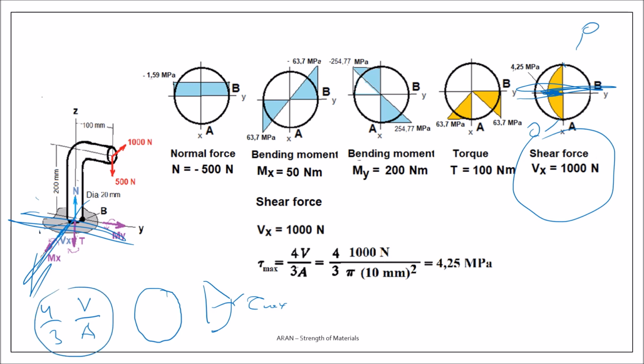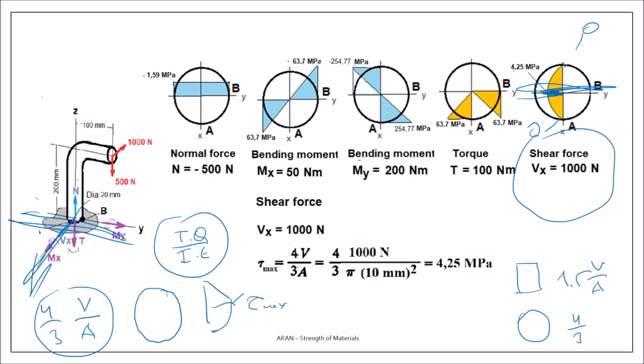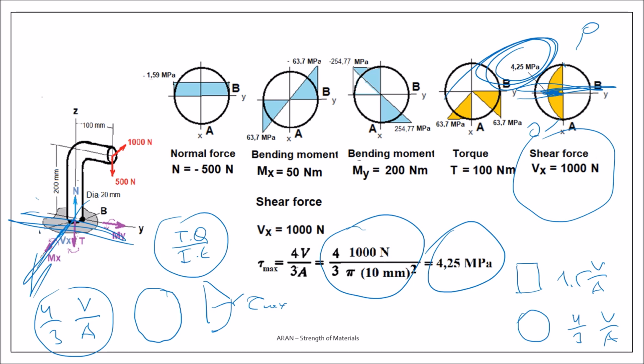You don't have to use the complicated VQ over IT formula. For sections, when you have a rectangular section, the maximum is 1.5 times V over A. When you have a circular section, you have 4/3 times V over A. So this is what I did over here, and I have found that the maximum is 4.25.